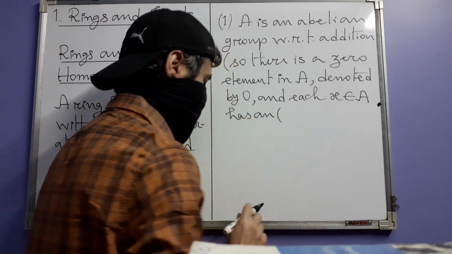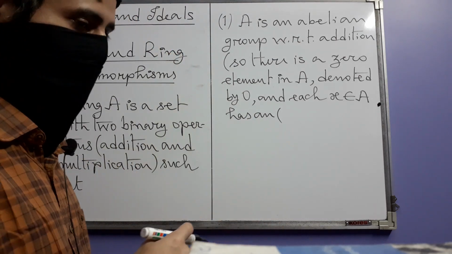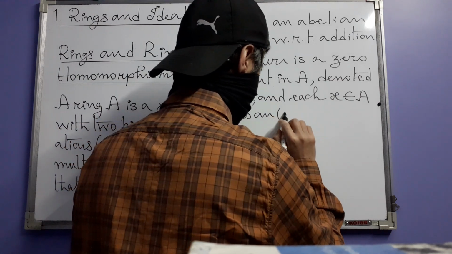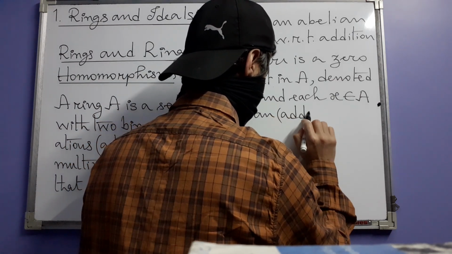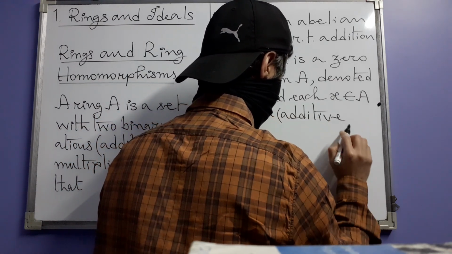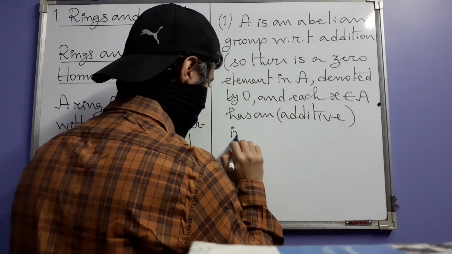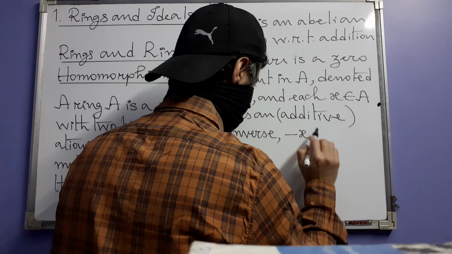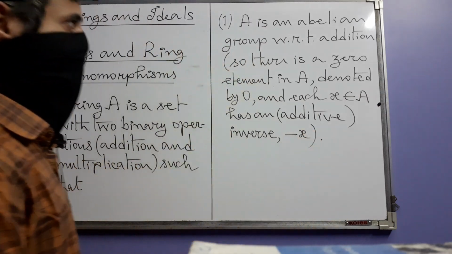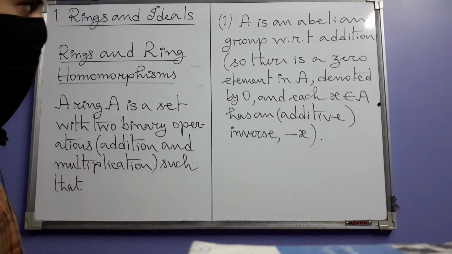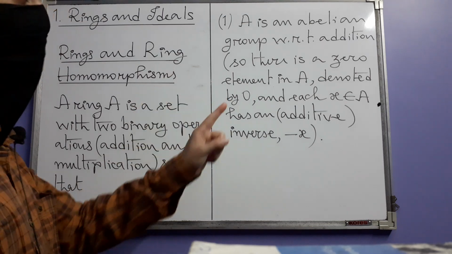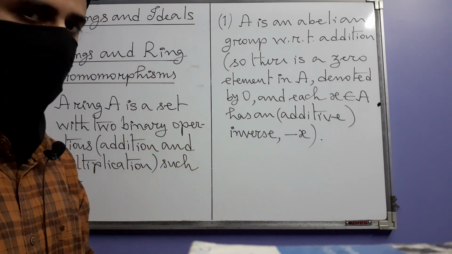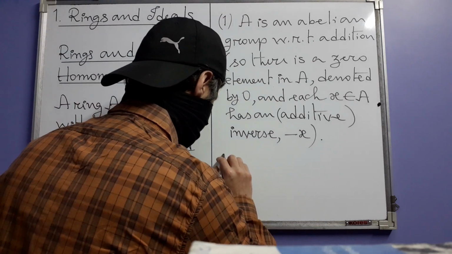To emphasize the fact that this is an inverse with respect to addition, we call it additive inverse, which we denote by minus x. So the usual stuff that we have in an abelian group are true in A, because A should be an abelian group with respect to addition. This is one requirement for A to be a ring.